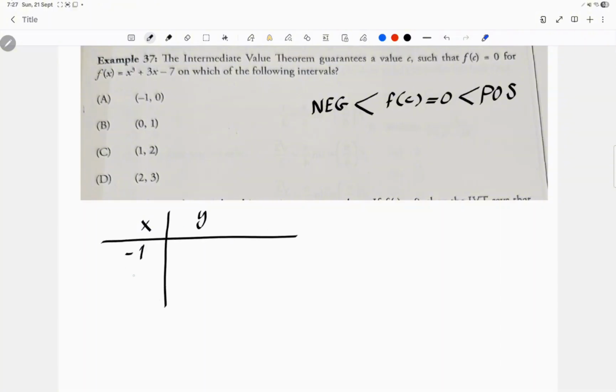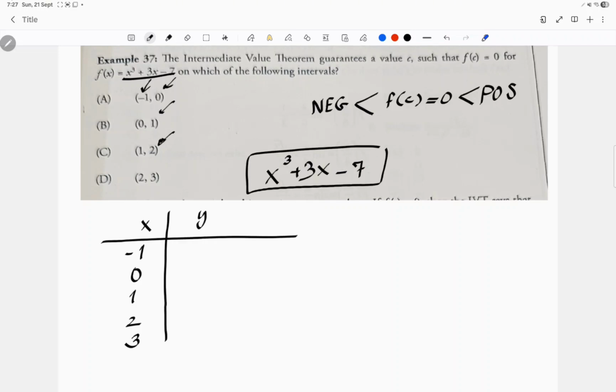So -1, apply it. 0. So -1, 0, 1, 2. x to the power 3. Yeah. That's x cubed plus 3x minus 7. Go ahead, try it. Apply the x's without using a calculator.